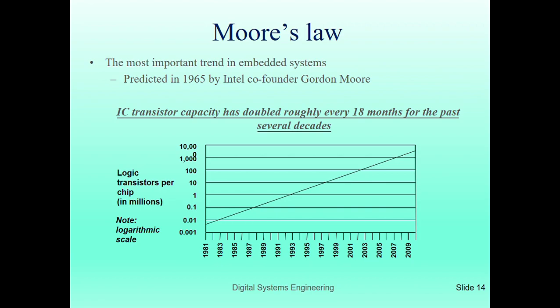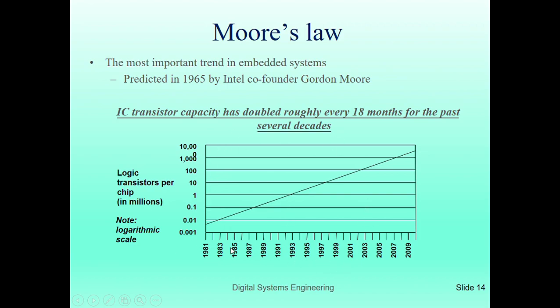Basically, he predicted that the semiconductor industry will double its effectiveness after every 18 to 24 months. So this Moore's law has driven the semiconductor industry for many decades.